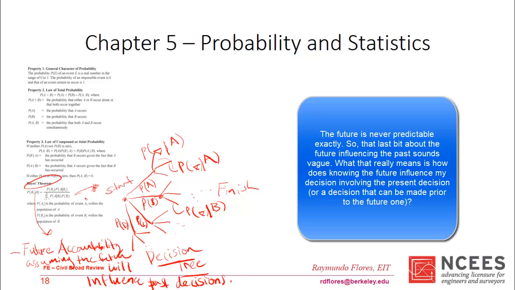Basically, in a Bayes' theorem problem, which you probably won't see on the FE, I'm just making you see all this, they would basically give you something from the past and then something from the future, and you're just relating the two to each other.